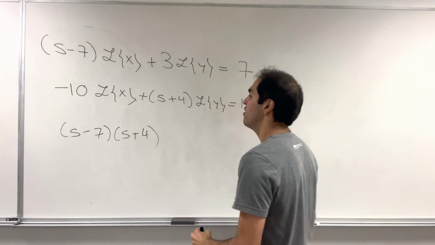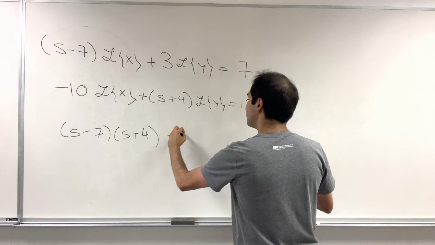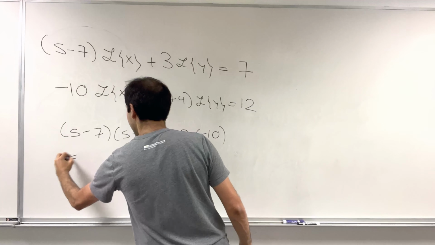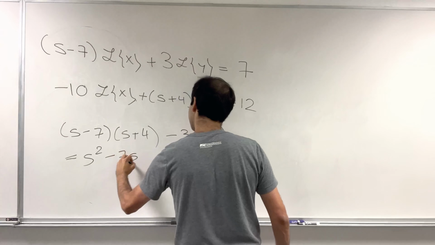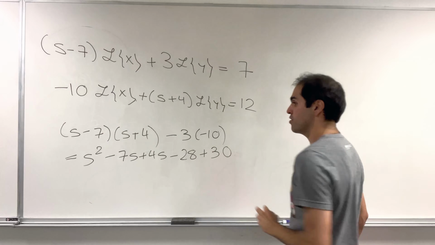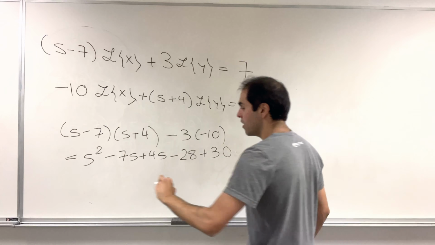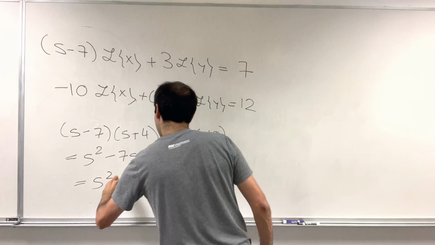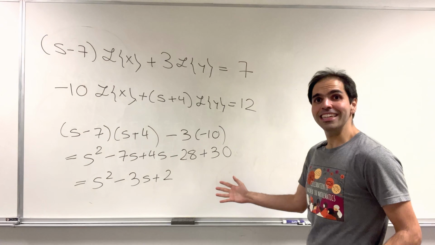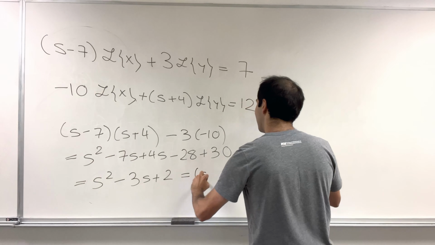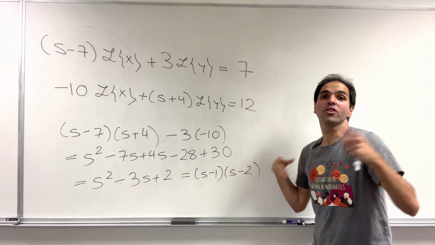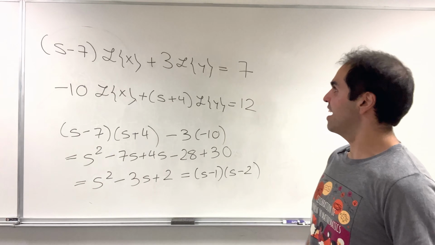So s minus 7 times s plus 4 minus 3 times minus 10, which then becomes s squared minus 7s plus 4s minus 28 plus 30, which ends up becoming s squared minus 3s plus 2, which can be conveniently factored into s minus 1 times s minus 2. So that will be our denominator for L of x and L of y.